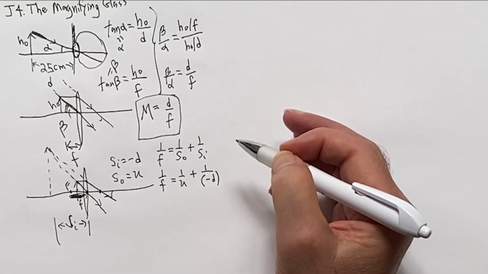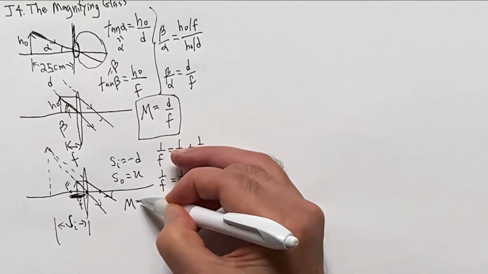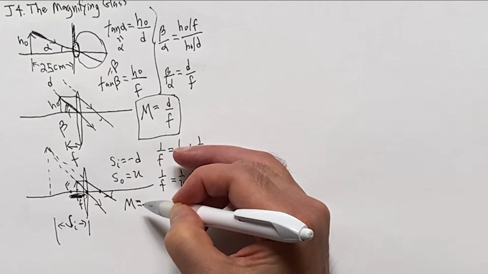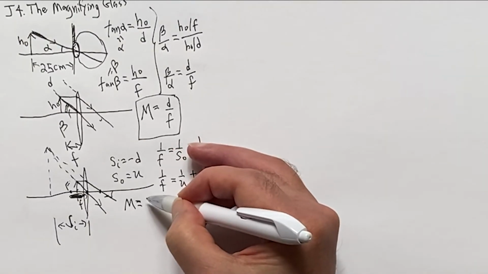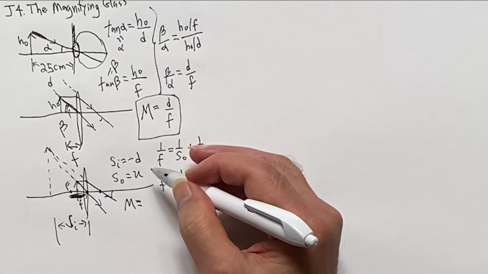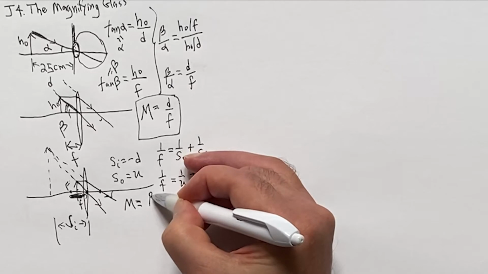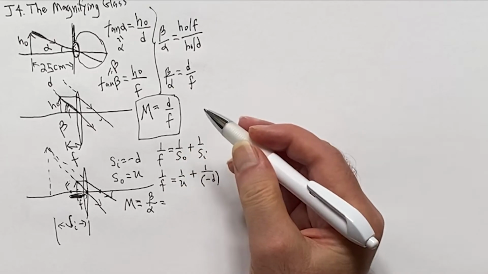We want to find the magnification, and you want to be careful here. We're doing angular magnification, so we're dealing with the angles.